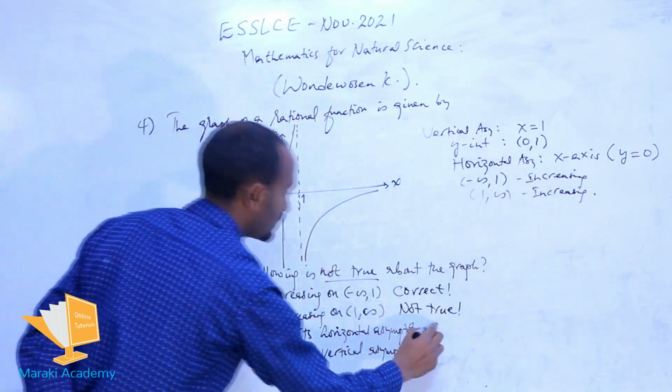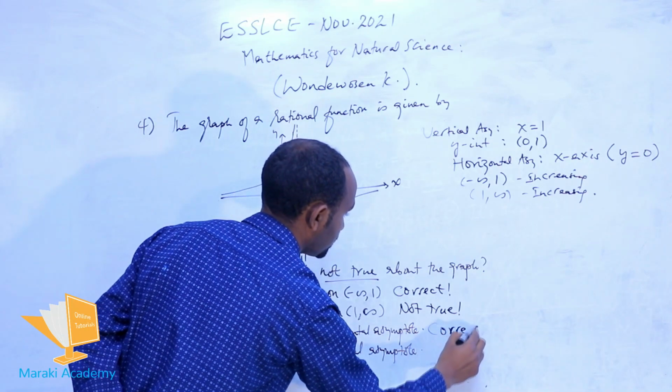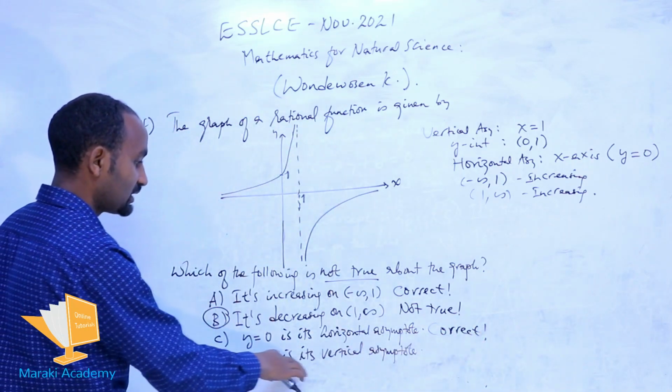That's right. This is correct. x equal to 1 is its vertical asymptote.